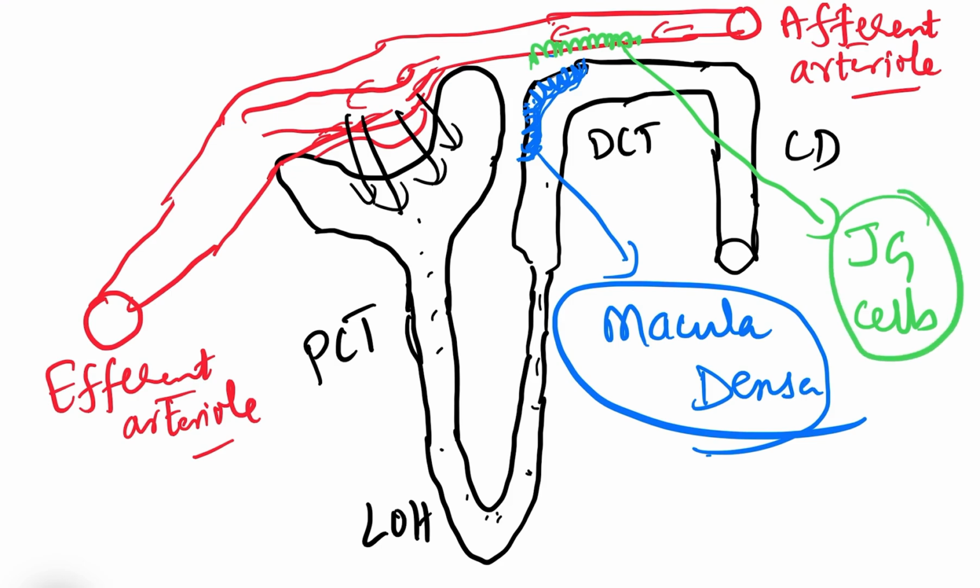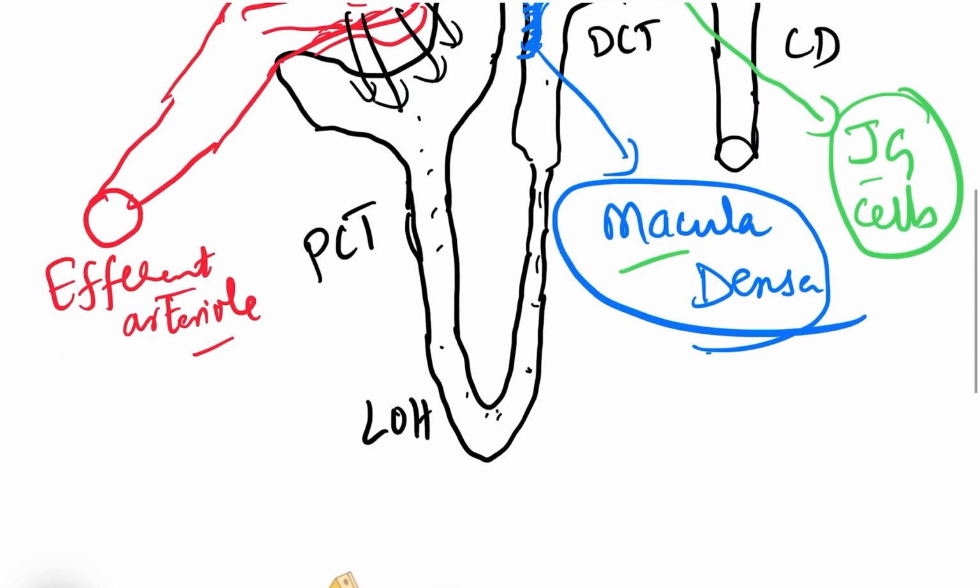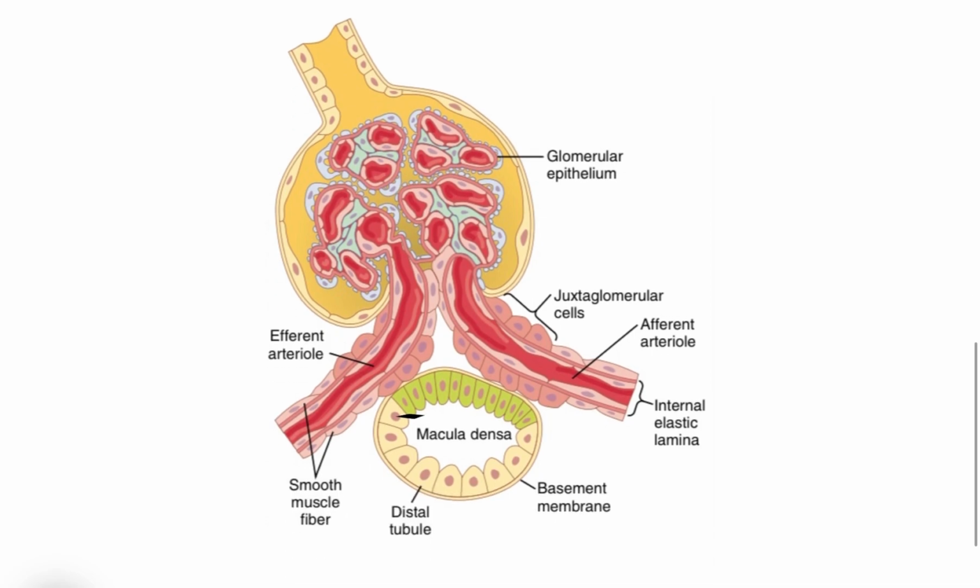We are not going to discuss that concept today. We are sticking to the tubuloglomerular feedback mechanism, but to understand this we should know about the macula densa as well as the juxtaglomerular cells. There are two mechanisms here: the afferent arteriolar mechanism and the efferent arteriolar mechanism. But before that, have a quick look at the diagram.